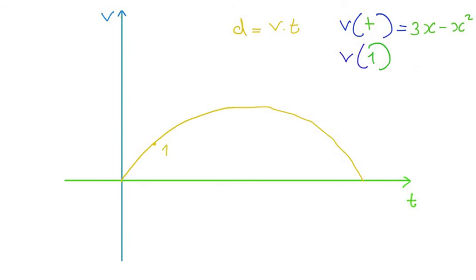We want to find v of 1. So we substitute the values here and we get 3 times 1 minus 1. So we get 2. So the value here is 2. So we can write it as 1 over 2. This is the value here.